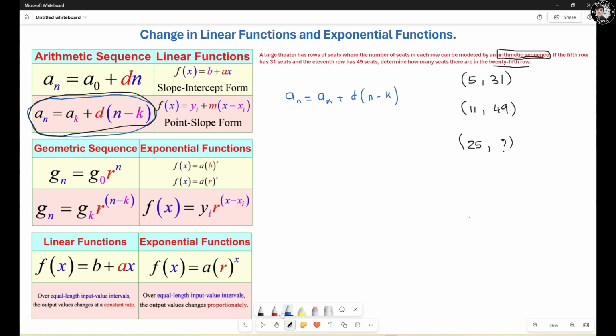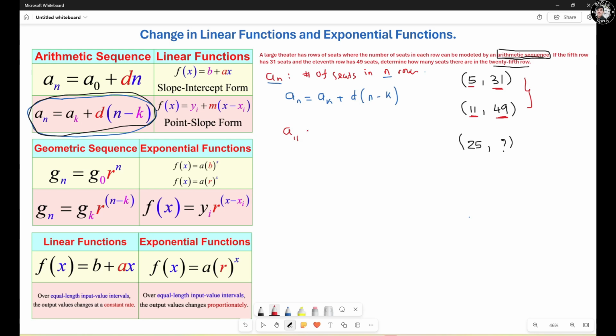Now we need to define a sub n. So a sub n is the number of seats in row n. Now if you use this formula, keep in mind the bigger value is n and the smaller value is k. The bigger value right here is a sub n, and the smaller value is a sub k.